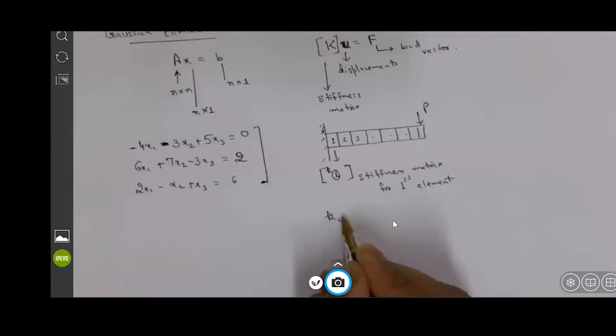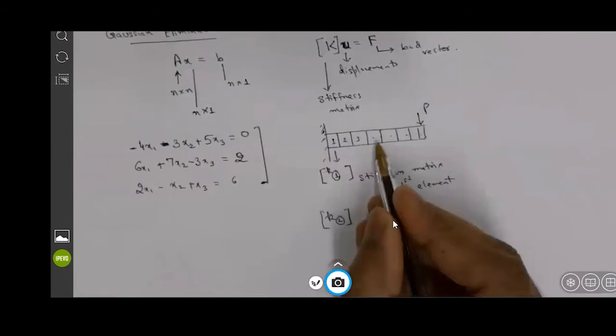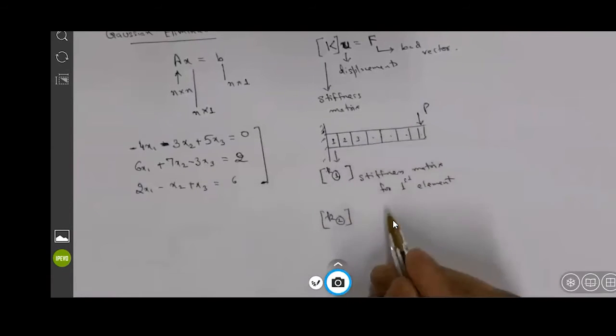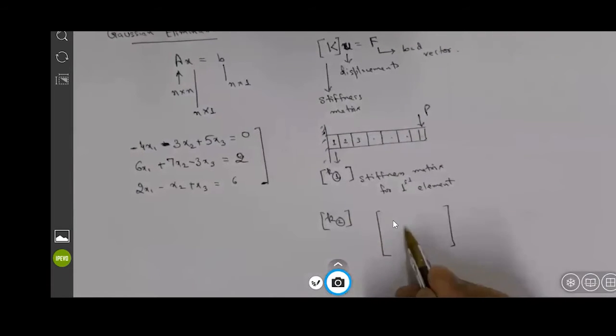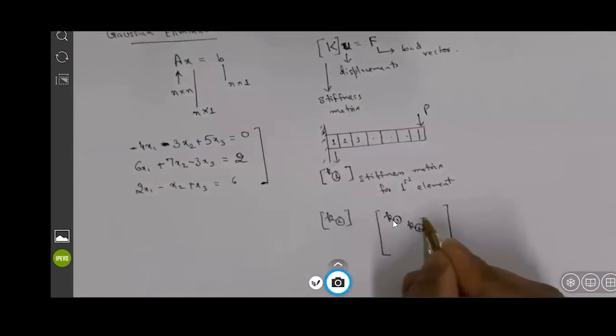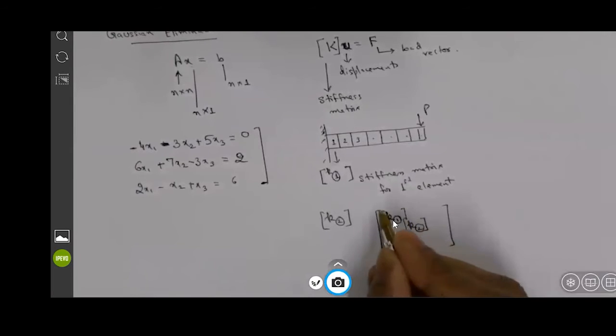Similarly, K2 is the stiffness matrix of the second element, and you keep calculating the stiffness matrices. Then you assemble them into a big stiffness matrix with the K1 component, K2 component, and so on.